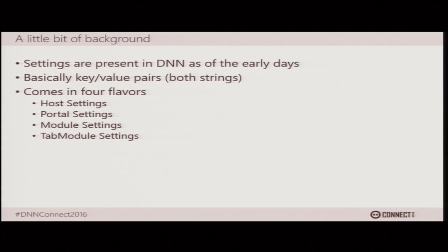You're all aware that in DNN you can place a reference of a module on different pages, on multiple pages. If you use module settings, then all these instances of these modules share the same module settings, whereas the tab module settings are individual per module. I give an example when to use tab module settings versus module settings somewhere later on.